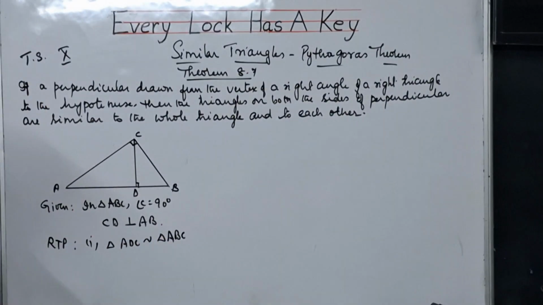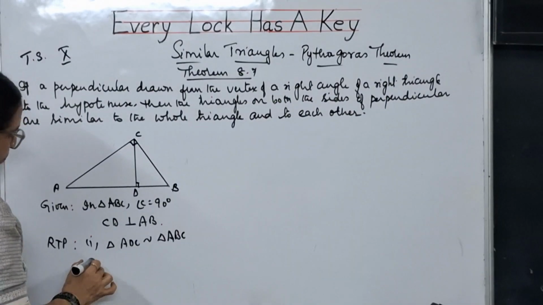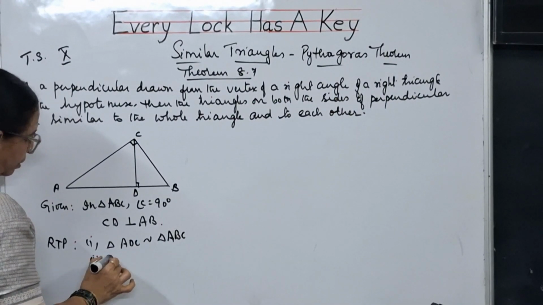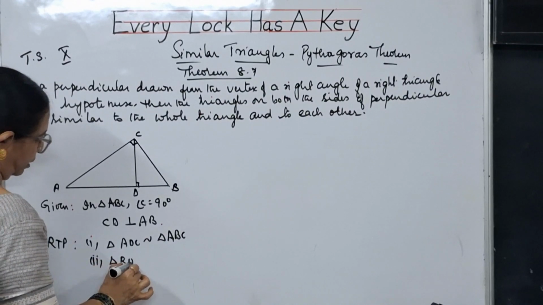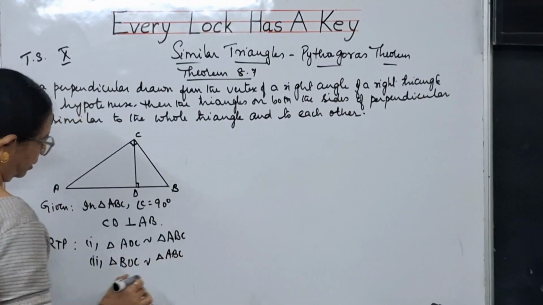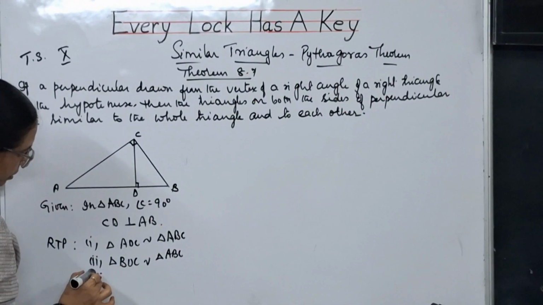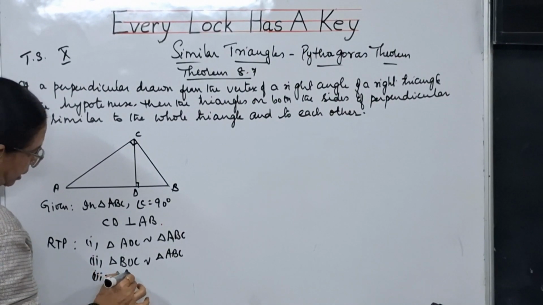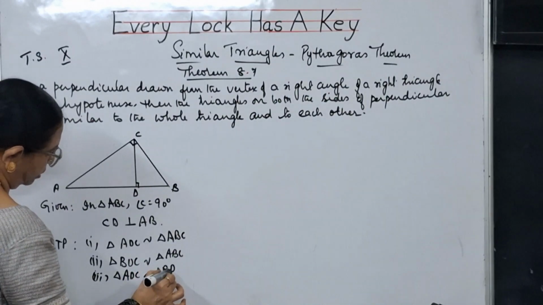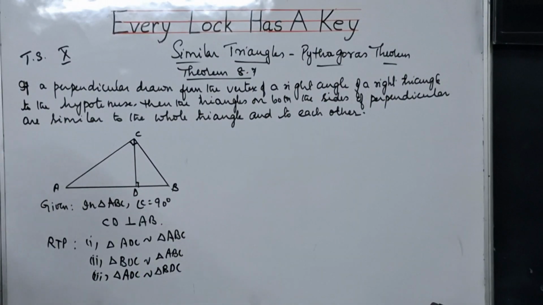The original triangle, or whole triangle, is ABC. And the second one, triangle BDC is similar to triangle ABC. And third one, you have to prove that triangle ADC is similar to triangle BDC. These three you need to prove.